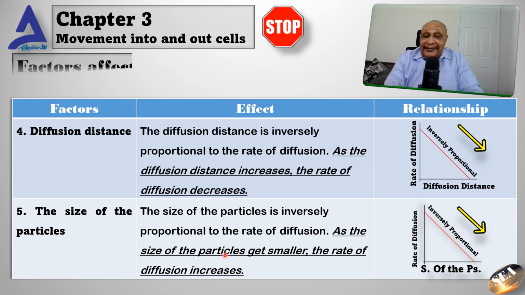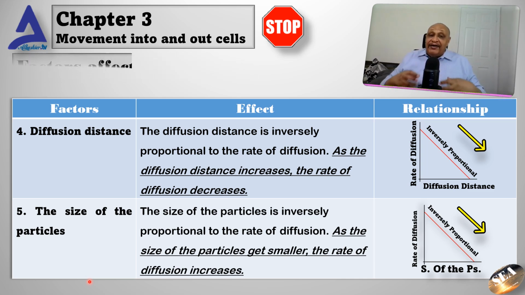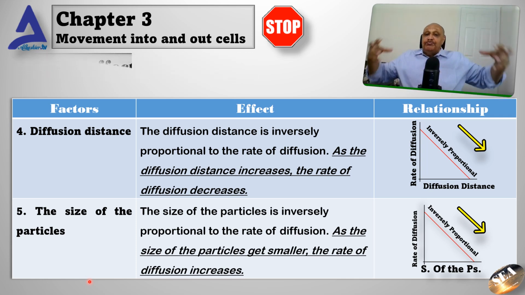The fifth, which is the last one, is the size of the particles. The size of the particles is also inversely proportional to the rate of diffusion. As the size of the particles gets smaller, the rate of diffusion increases, and vice versa.